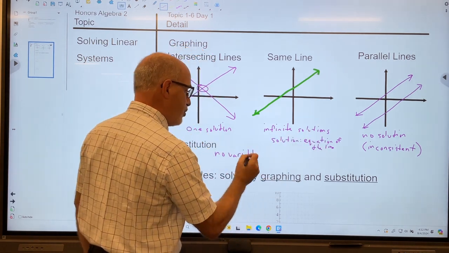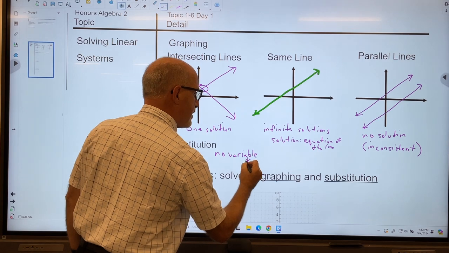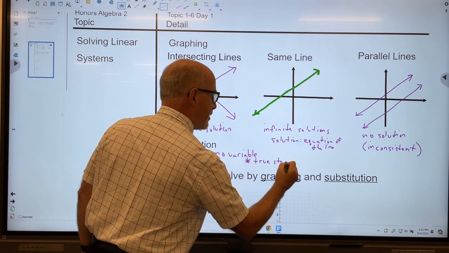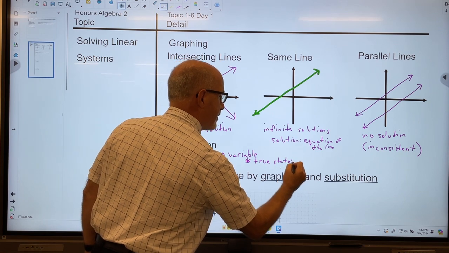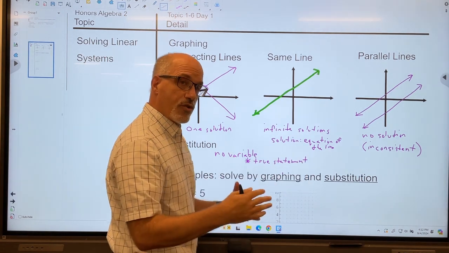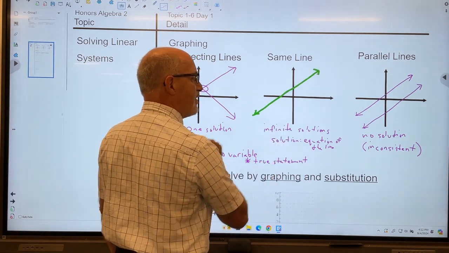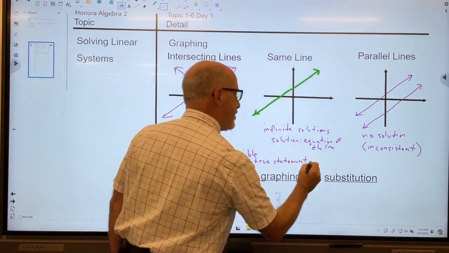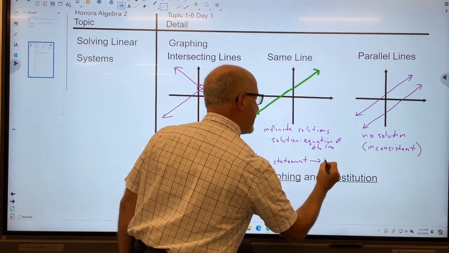If it's a true statement, let's say you get 5 equals 5, then you have infinite solutions. The whole equation of the line is the answer. So this would mean the same line.